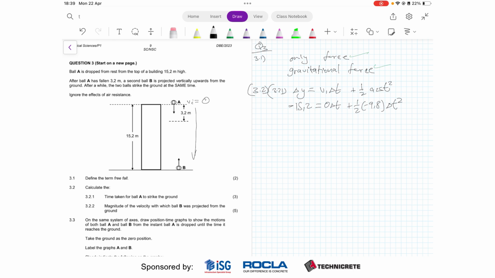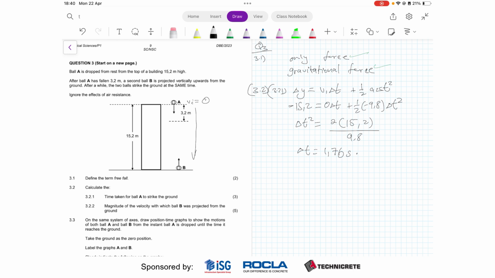After some manipulation, you will find that delta t squared is equal to 2 into 15.2 divided by 9.8. Delta t will thus be equal to 1.76 seconds. Now, this is the quickest way in which you can find the time taken for ball A to strike the ground.